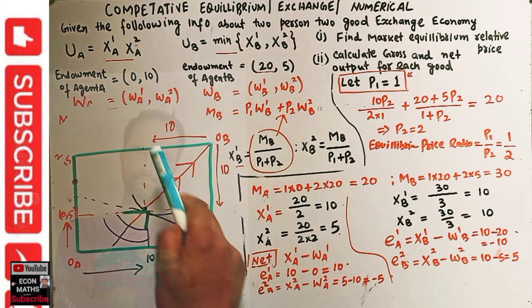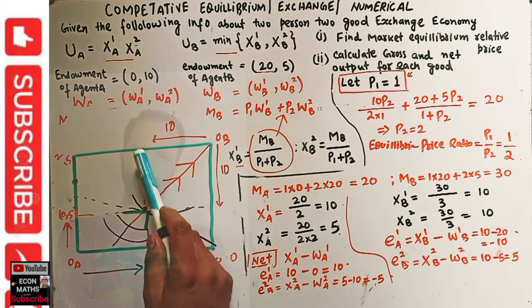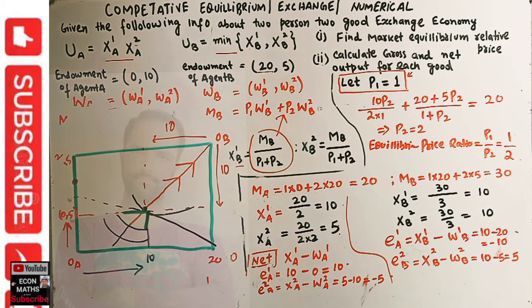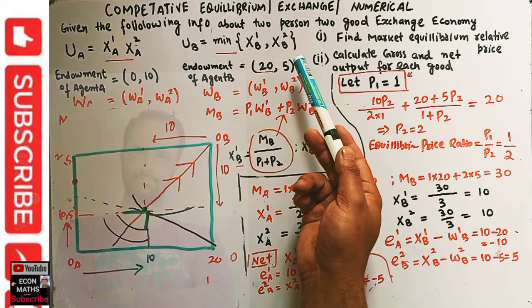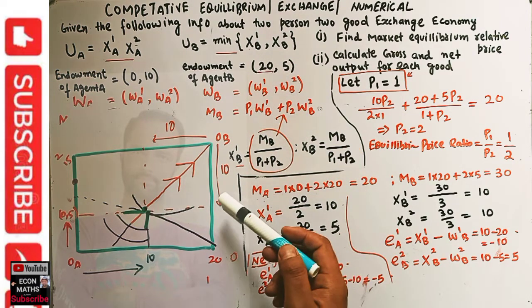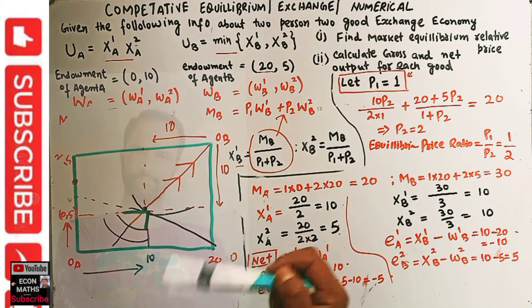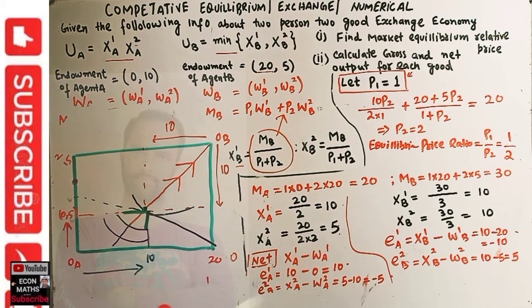After that, we can see he is only consuming 10 units of good 2. That means he is supplying 10 units of good 2, and initially he was having only 5 units of good 1. But he is now consuming 10 units of good 1. That means he is demanding 5 units of good 1. So this is how we solve this kind of question.